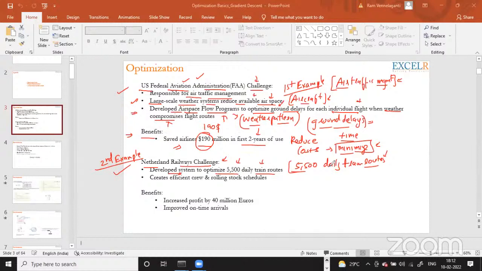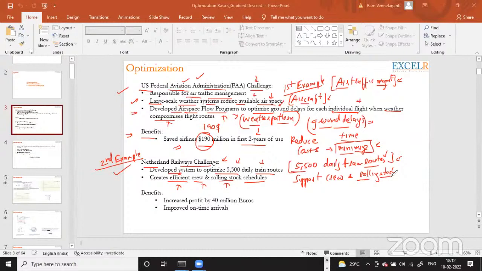That is the objective. How many routes are there? 5,500 routes. And now how is this going to help us? If you optimize the routes, you can efficiently support your crew and rolling stock schedules. So the objective is to support the crew and rolling stock schedules we have in our trains.